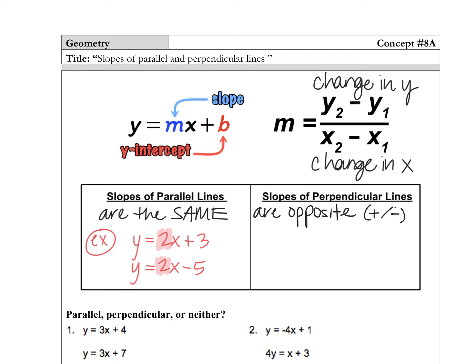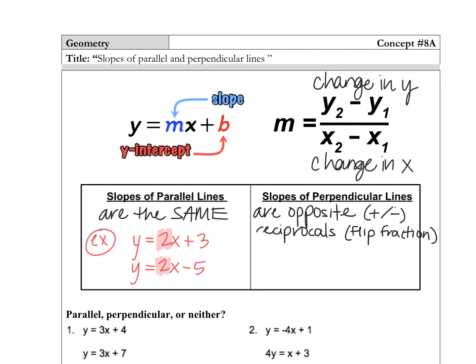So switch the sign, maybe if you want to describe it that way, or opposite, and then this is the fun word, reciprocal. I'm going to write it over further. And this means to flip the fraction, like upside down.